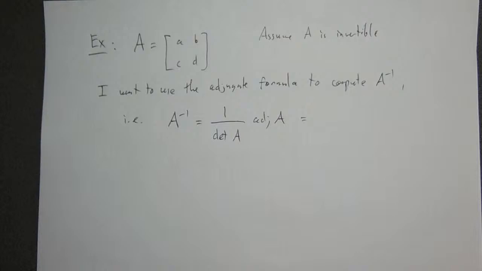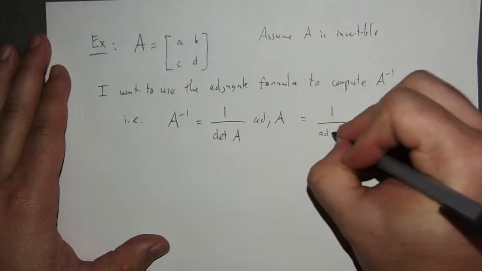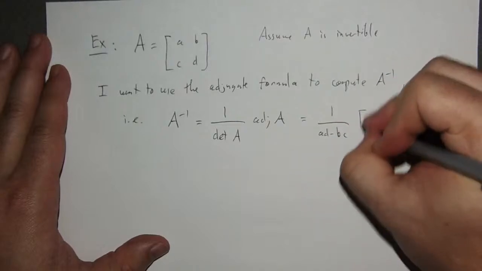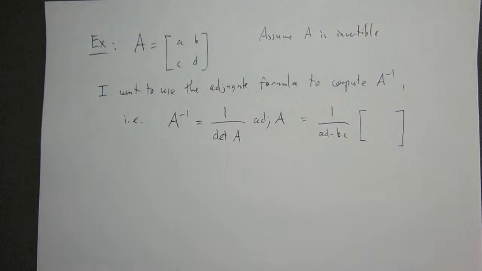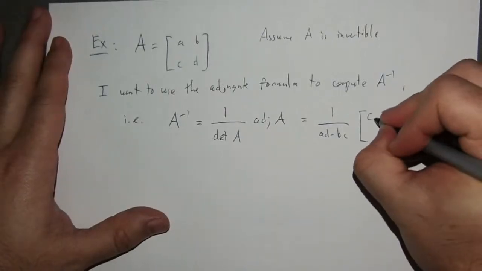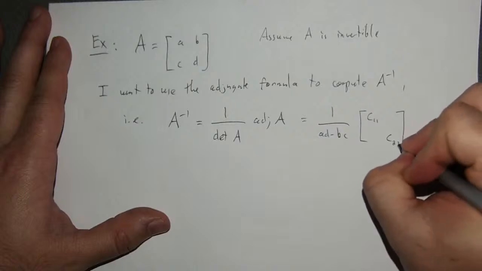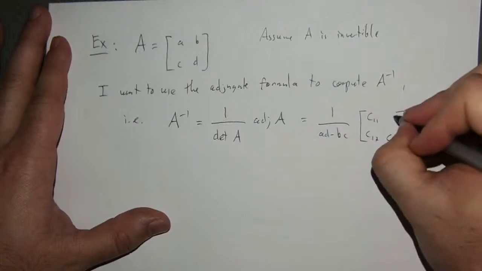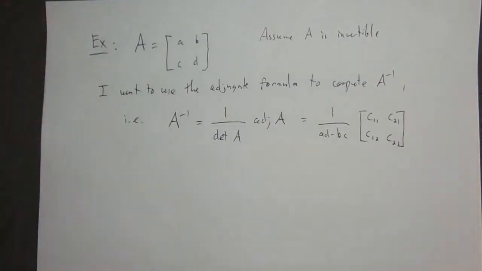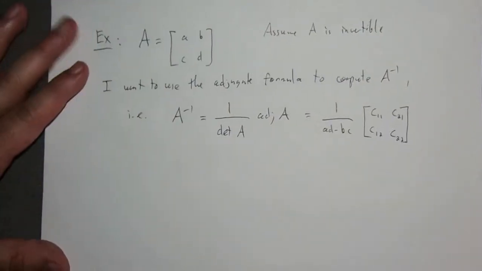Since A is invertible, I know that that's not 0, so dividing by it is no problem. So this is 1 over AD minus BC times the adjugate of A. I know the diagonals are unchanged, so that's C11 and C22, but then this is C12 and C21. But let's compute what these cofactors are.